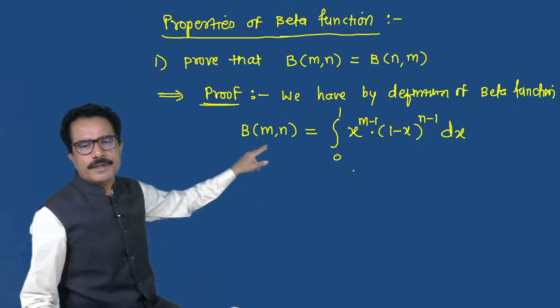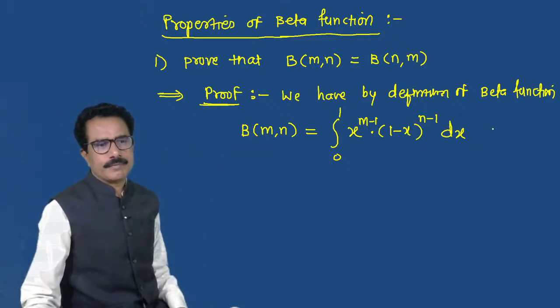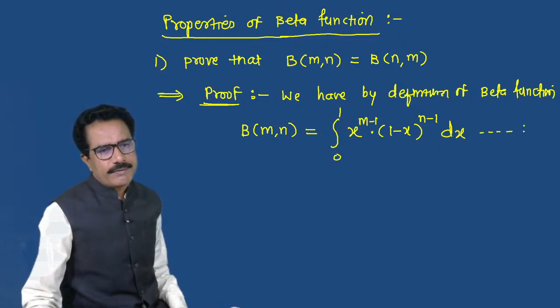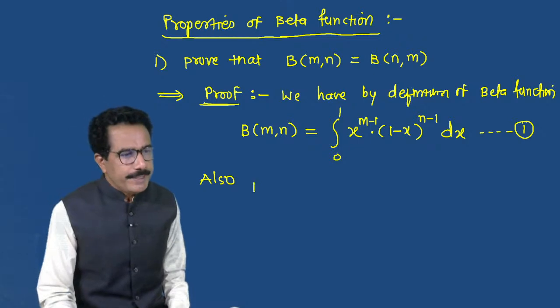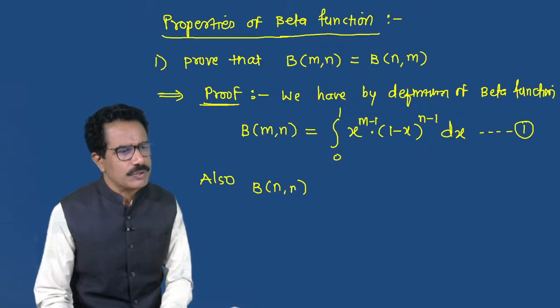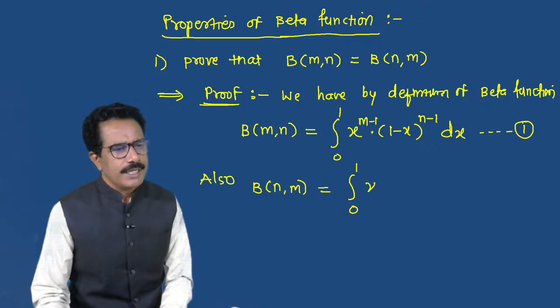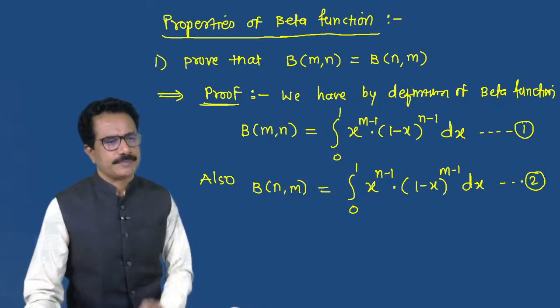This is the beta of m comma n. Okay. So we can write this as equation number 1. Also beta of n comma m, means we have to interchange, is the integral from 0 to 1 of x raised to n minus 1 into 1 minus x raised to m minus 1 dx. Suppose this is the second.